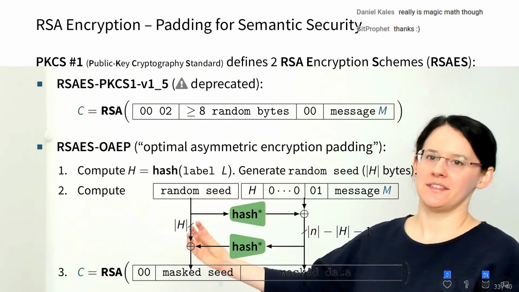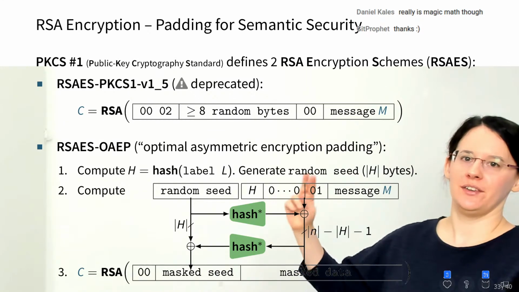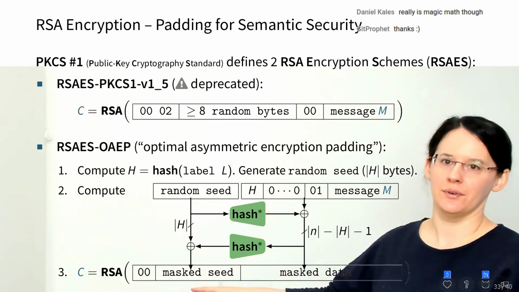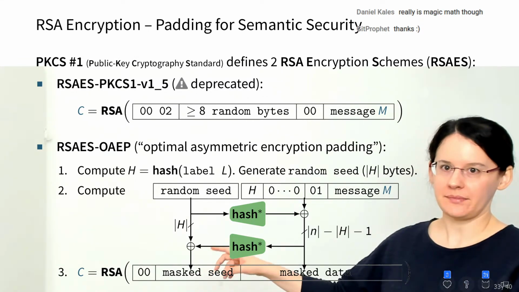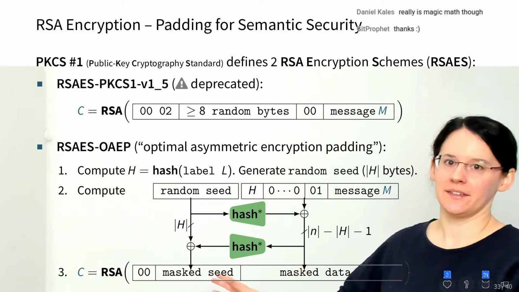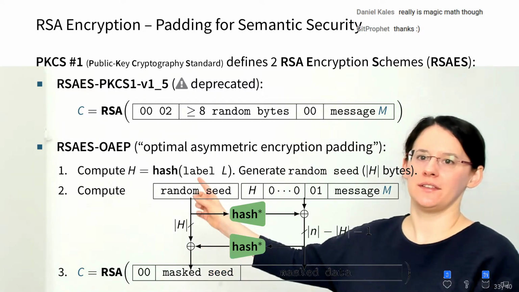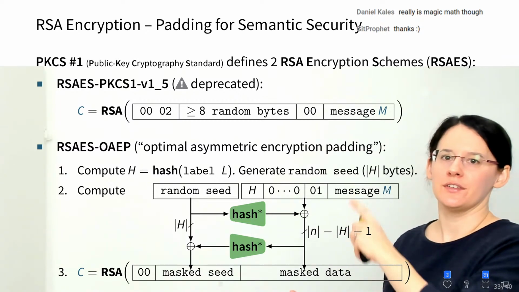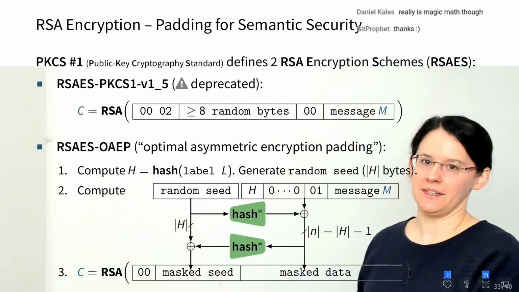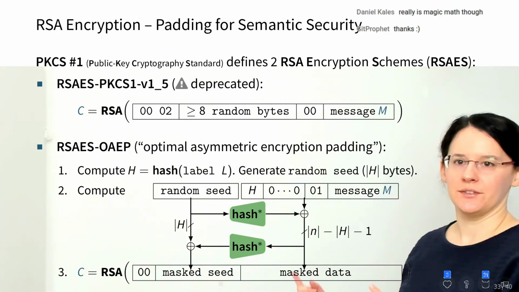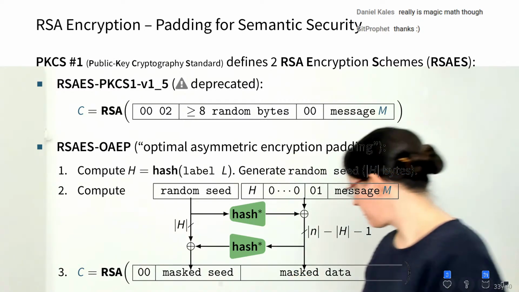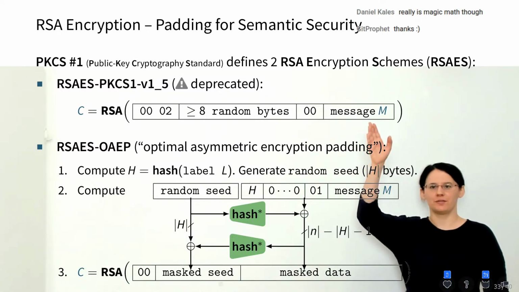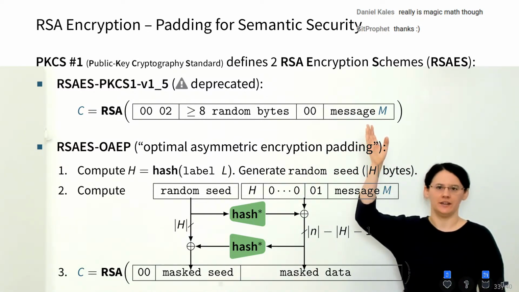It expands this random seed to a larger value to add here, and then expands this again to a value to add here. In the end, you have masked the original seed based on the right-hand side, and you have masked the original message based on the random seed, and the result is what you plug into the RSA scheme. So it's like a more complicated version of this with some hashing going on in addition.